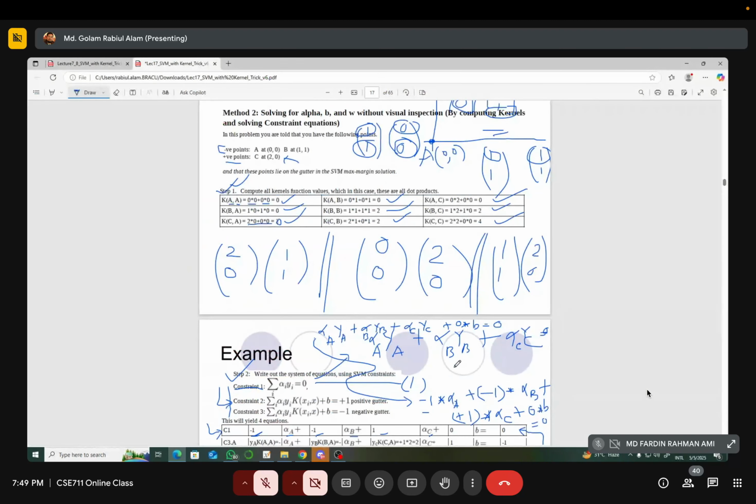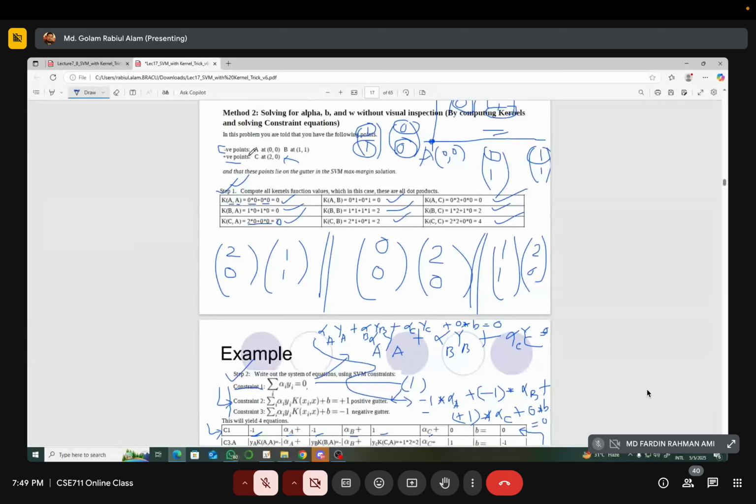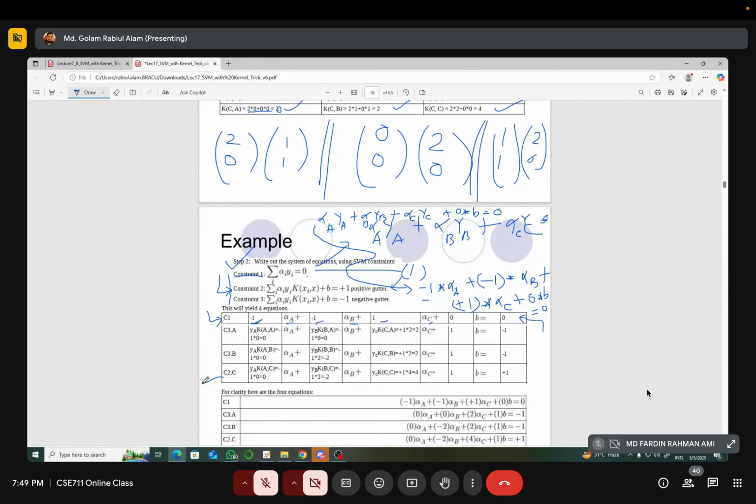What is gutter? The equation of the gutter we have discussed in our last class. So this is our positive gutter, and it will pass through just one support vector, that is the C. So for that, this is our C2, constant number 2, and it will pass only through our data point C. What will be the equation for the positive gutter?